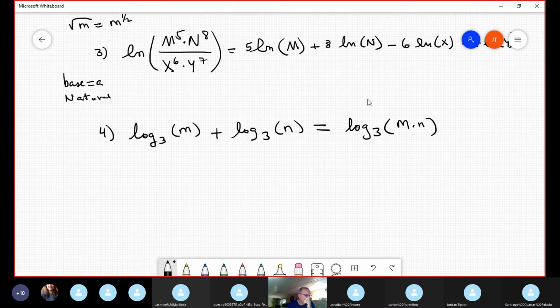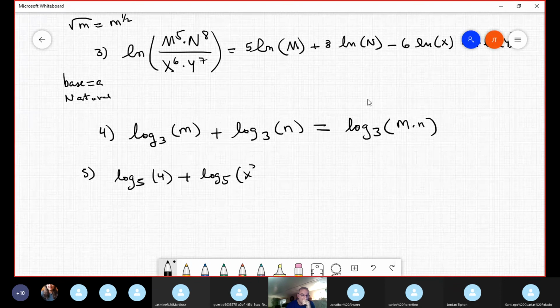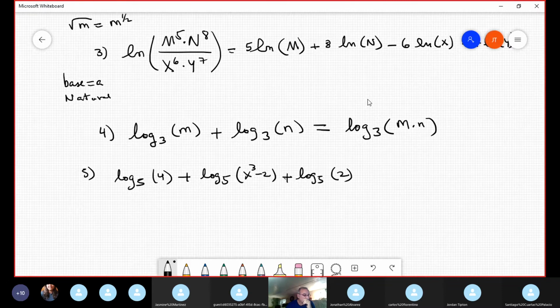Let me try another. Suppose logarithm base 5 of 4 plus logarithm base 5 of x cubed minus 2 plus logarithm base 5 of 2. And you have to condense it into only one.